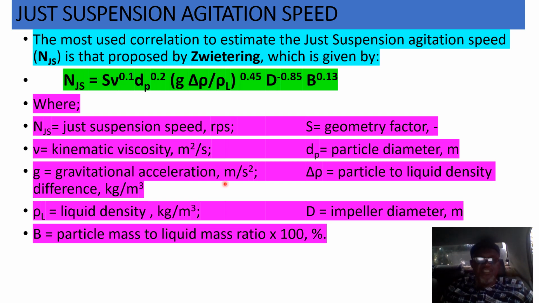Rho L is the liquid density. Then B is the particle mass to liquid mass ratio, and so on. Geometric factor S. Everything here is explained. So if you are given values for these, you should be able to calculate the just suspension agitation speed.